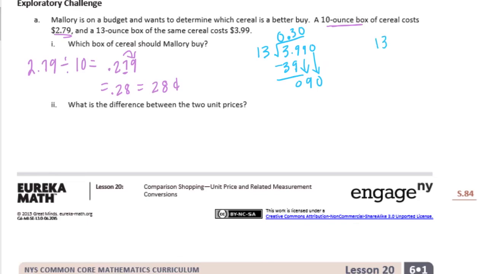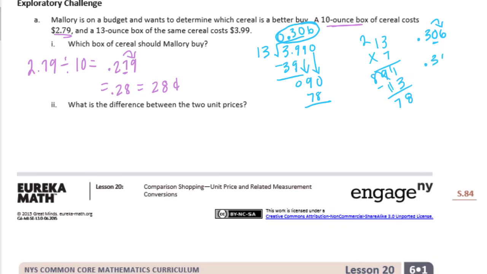Let's see, 13 times, let's try 7. So 7 times 3 is 21. Carry the 2. 7 times 1 is 7 plus 2 is 9, so 91. That's a little too big, so it can only go in 6 times. And if we subtract, we get 12. But this is where I'm going to stop because I already have gone 3 decimal places, and so I just need to round that to the nearest hundredth.